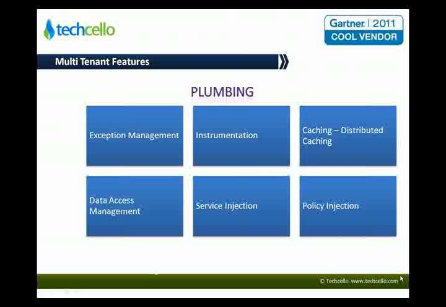Caching we will look at in detail in the coming slides, to see what you need to think through differently in caching for a multi-tenant app. Now, data access management: in a multi-tenant scenario, you need to have a completely abstracted data access management. We'll see why it is required.